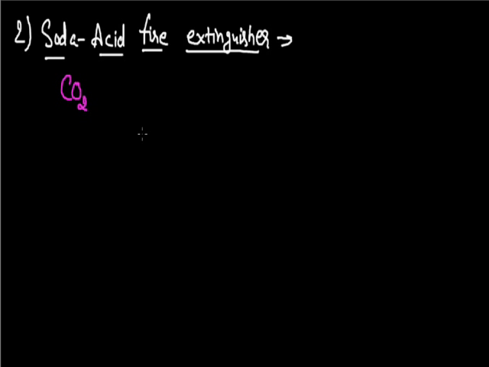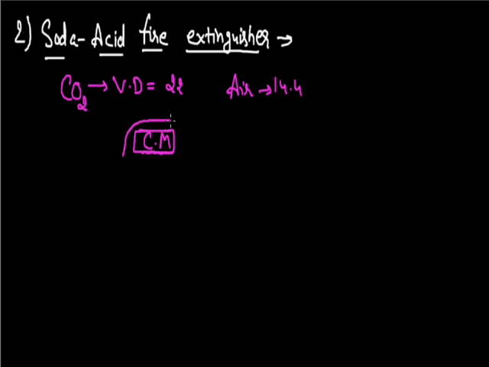As we spray this carbon dioxide on a combustible material, since this carbon dioxide gas is heavier than air, with a vapor density equal to 22, while air has a vapor density of 14.4, when this carbon dioxide is sprayed over this combustible material, it covers and makes an envelope around it.